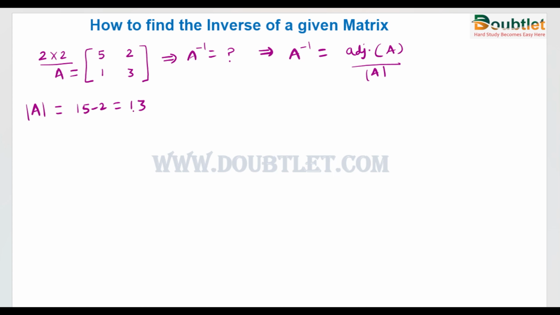So the determinant of this matrix is 13. Since determinant is not equal to 0, it means A inverse exists. This is the primary condition for the inverse of a matrix to exist, because the determinant is in the denominator.